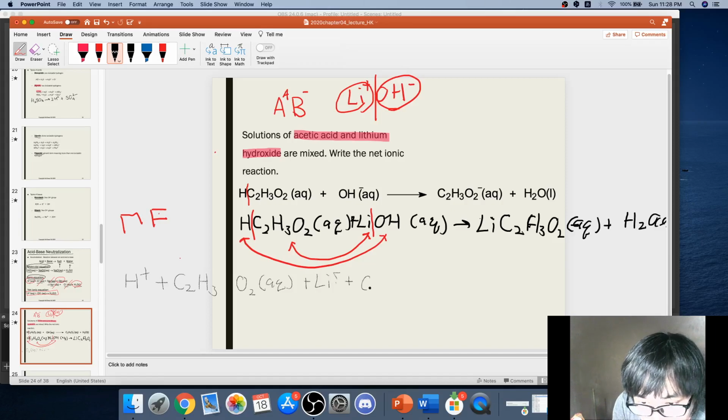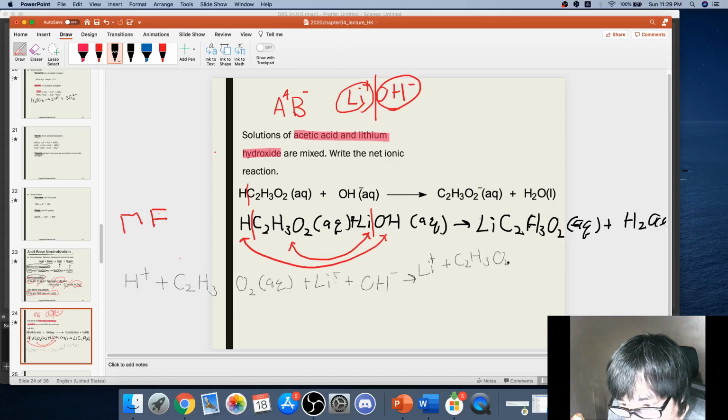The reason why I'm doing that is because I'm running out of space right now. Lithium plus, C2H3O2 minus, that's AQ, plus H2O liquid. Okay, so that's the ionic formula. So that's the ionic equation.